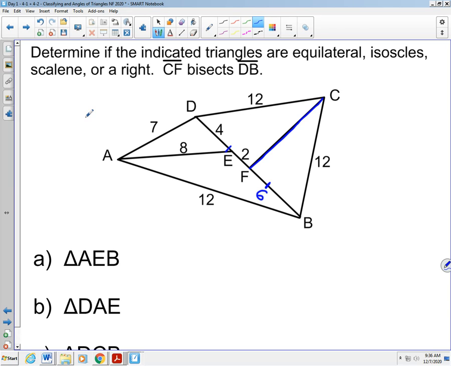So first question, triangle AEB. AEB is this one. So triangle AEB would be isosceles because this side is 6, this is 6, so that would be isosceles.